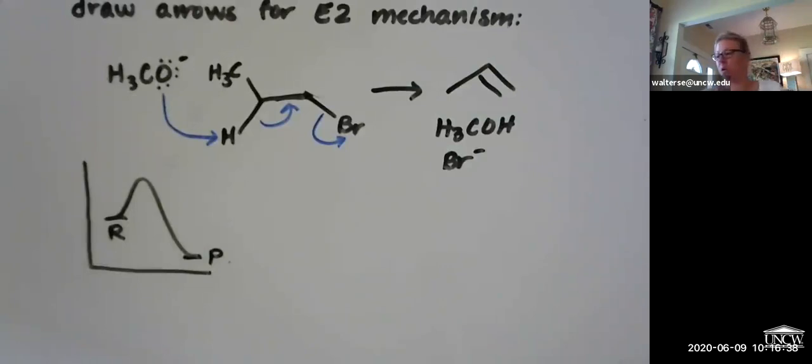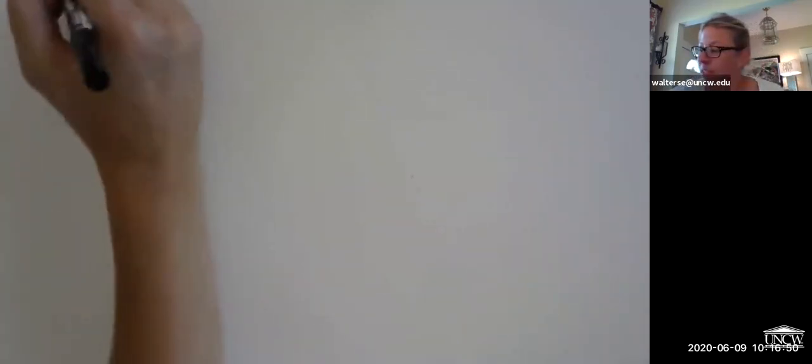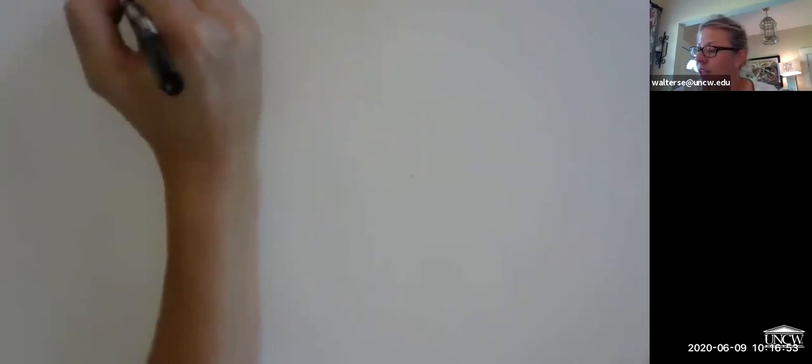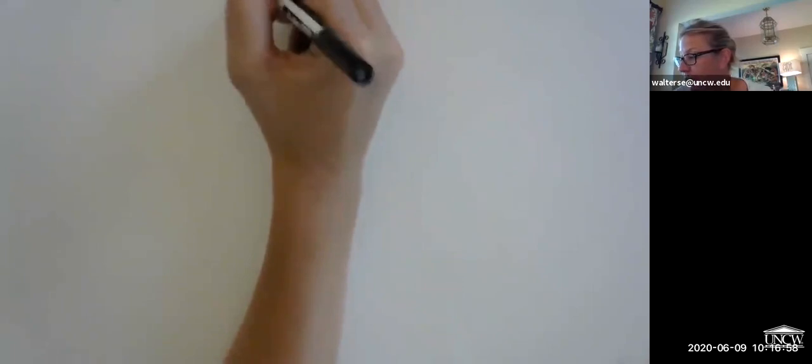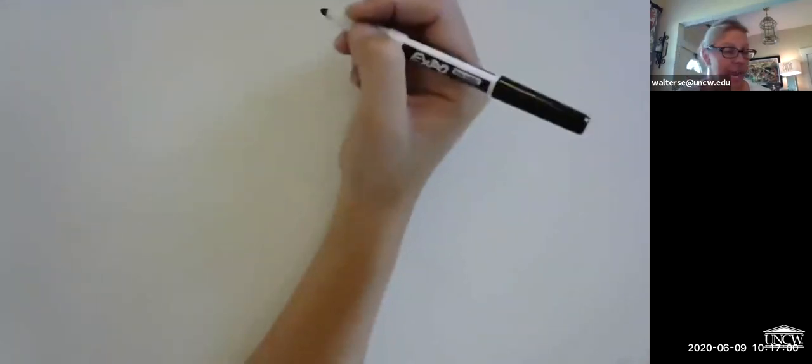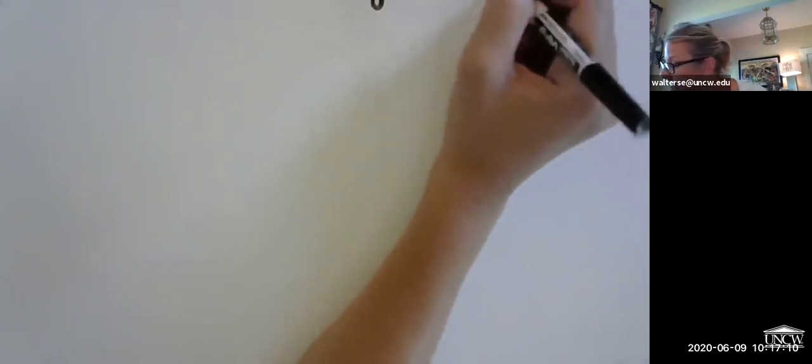All right, so now what we're going to do with E2 is we're going to talk about something that's called regioselectivity. And that's going to lead to something that we call a product mixture, which is when you get more than one product in your reaction.